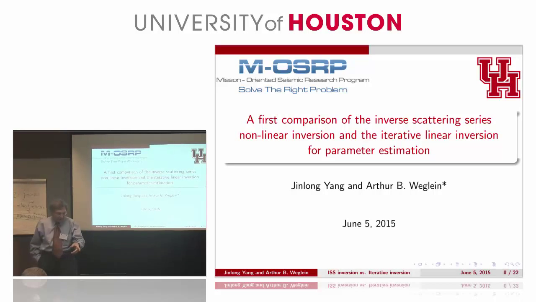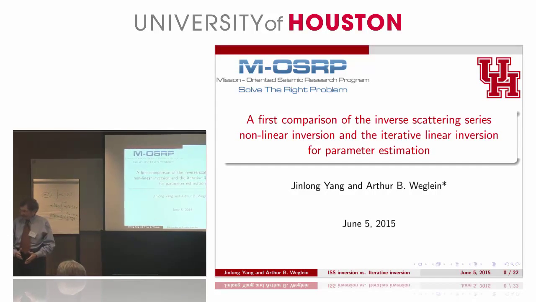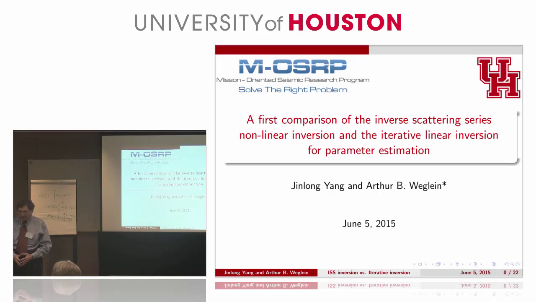there's several motivations for this work with Jinlong Yang and myself. One is, we have a lot of activity in FWI, which was doing P wave, and now increasingly at times using multi-component. You hear about that, elastic FWI now.